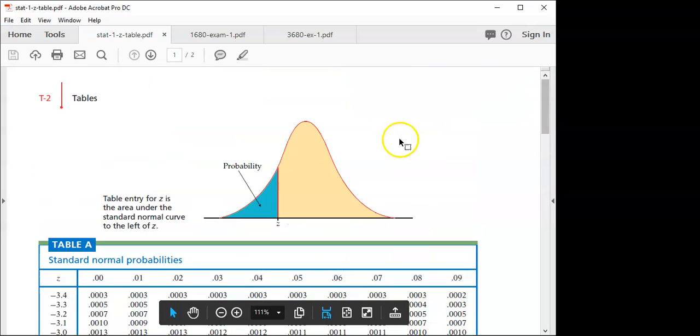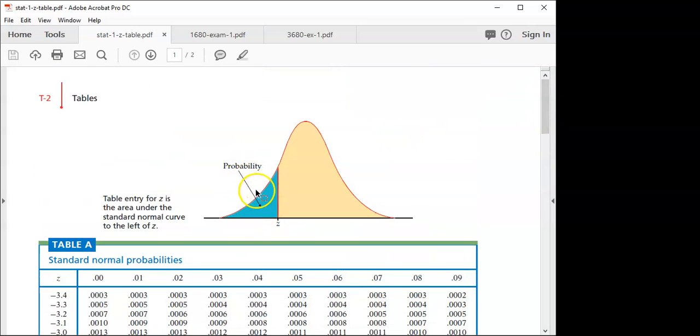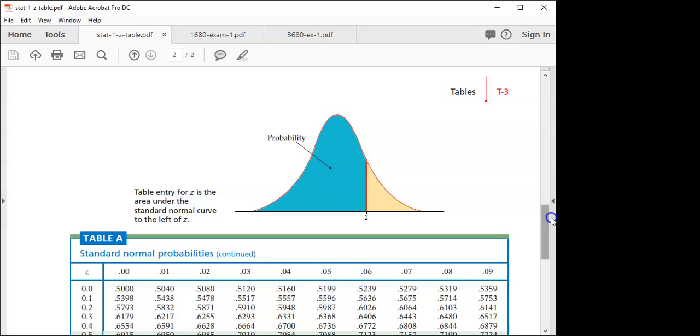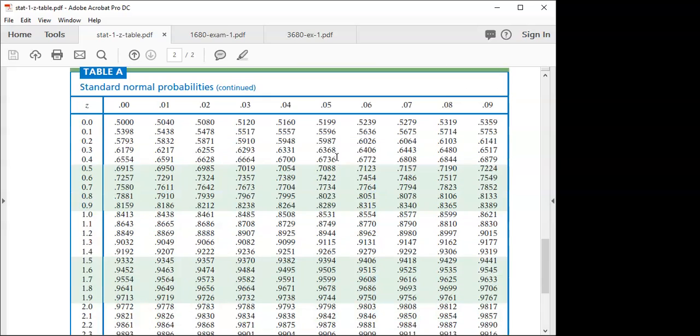Alright, this is the table, and on the first page we have less than 50%. Let's go to the next page. More than 50%. And let's look for 85% here. Looks like this is the closest, 0.8508.